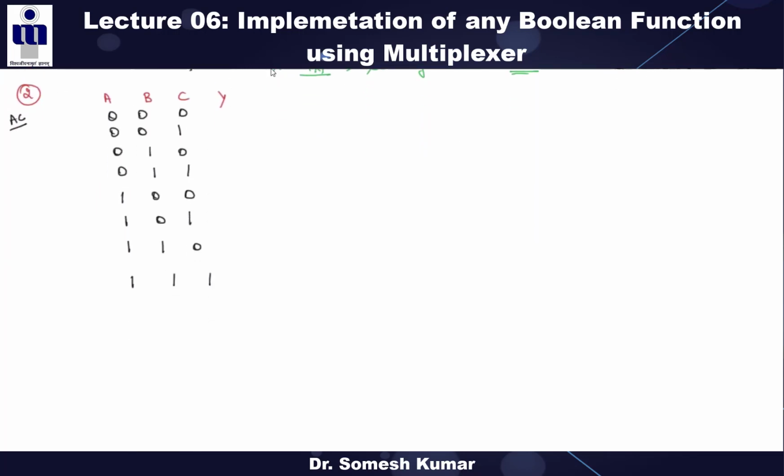So this is 0, 1, 2, 3, 4, 5, 6, 7. Clear the thing, right? Now it is given AC as select lines, so now these two are your select lines, right? So first for this you have to make the implementation table.